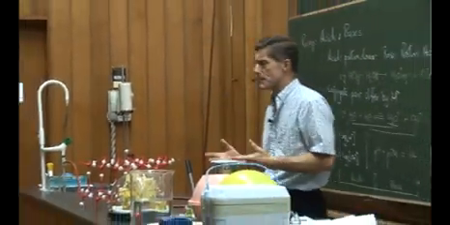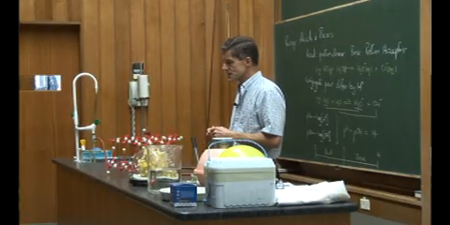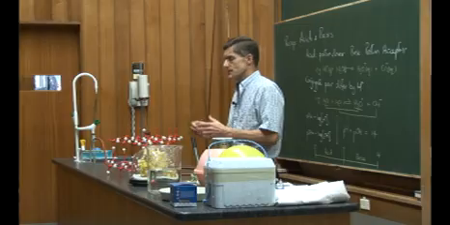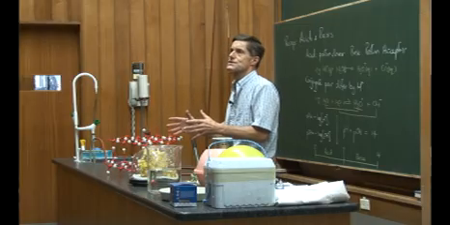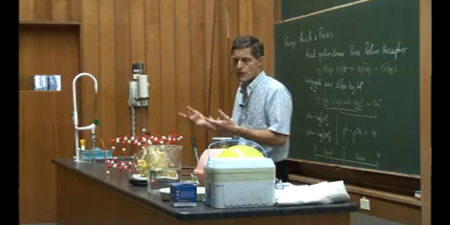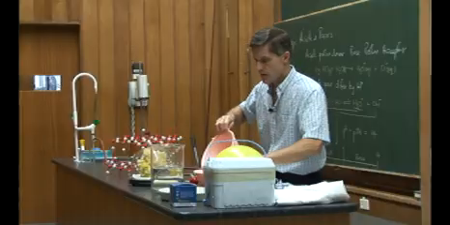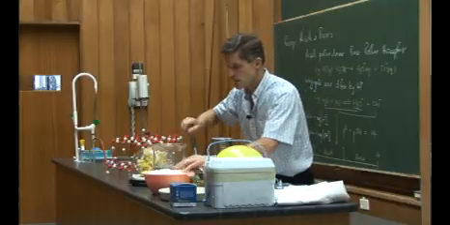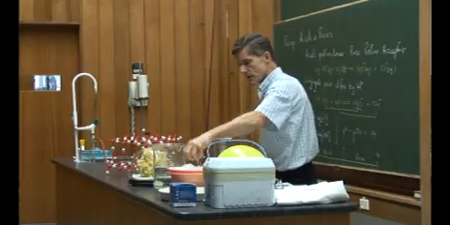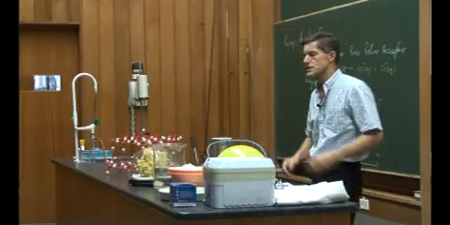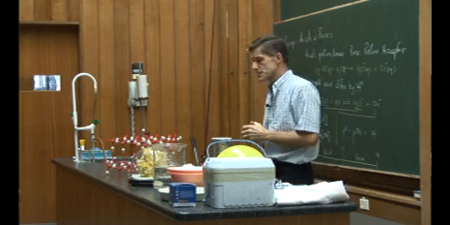Water is exceptional in many, many ways. We've seen its use as a solvent, but one of the exceptional properties is that the ice structure happens to have a density that's slightly less than liquid water. And you're familiar with, for example, ice floating on water. And if it didn't float on water, then life as we know it probably wouldn't exist.